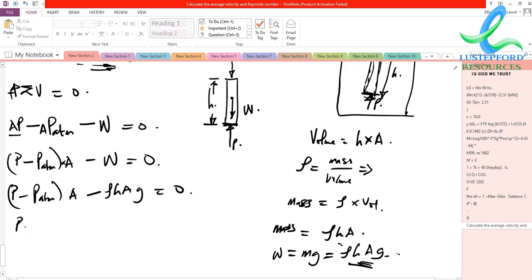So I have P minus P atmospheric times A equal to density times H A G. If you cancel out, the A cancels out. You have P minus P atmospheric equal to this.